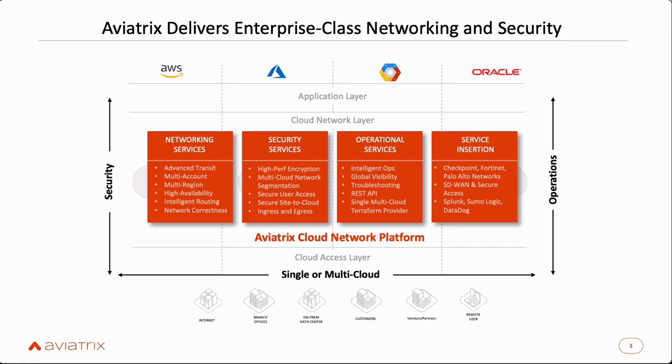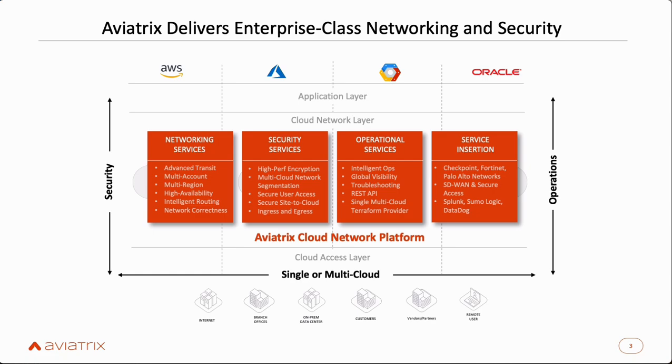With operational services, these are things like a common centralized dashboard, centralized logging and reporting for a multi-cloud architecture. Built-in tools that simplify troubleshooting, things like flight path and all the different visibility that Copilot brings you, as well as built-in packet capture functionality and diagnostics into every gateway.